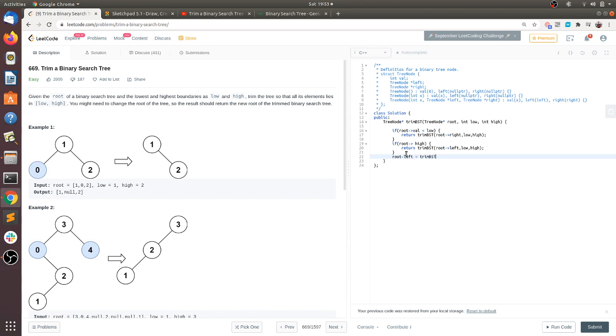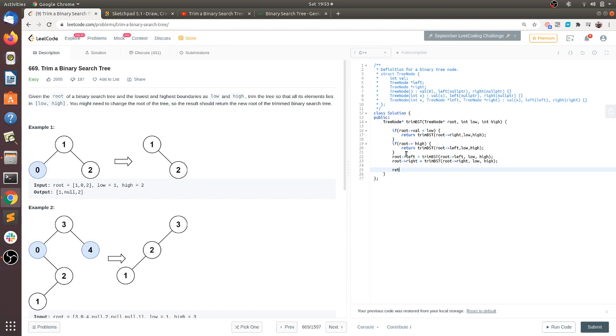We trim BST of root of left, recursing to my left part, and I should also recurse to my right part. Trim BST of root of right, low, high.